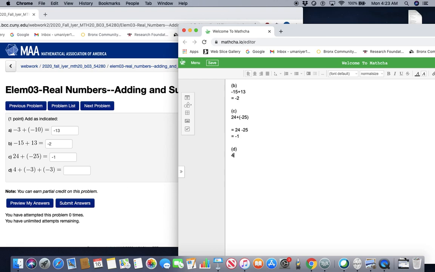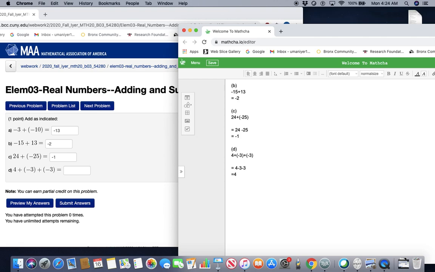4 plus negative 3 plus negative 3. Well, you can go from left to right. I'll open the parentheses. Positive followed by a negative is a negative 3. Positive followed by a negative is a negative 3.